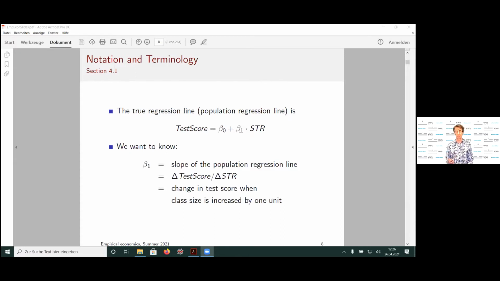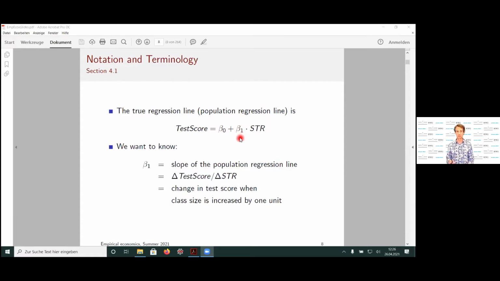Later on we will see that this is a standard assumption for good reasons, because it's usually quite a good assumption, or at least a good approximation to what we try to model. If we assume that this linear relationship is true, then the coefficient we are really interested in is beta 1.